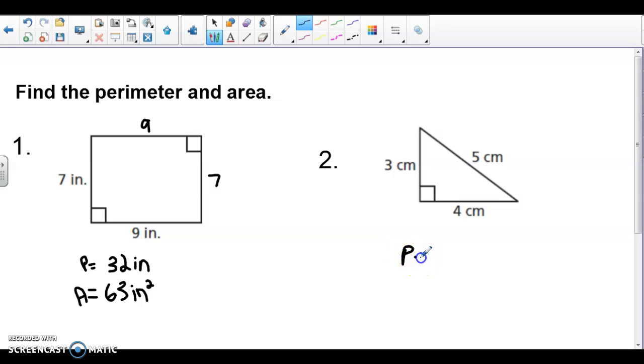So 3 plus 4 plus 5 is 12, so I'd have 12 centimeters. And then the area of a triangle is 1/2 times the base times the height. So 1/2 of 4 is 2. 2 times 3 would be 6. So 6 centimeters squared.